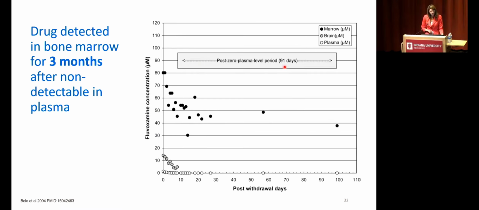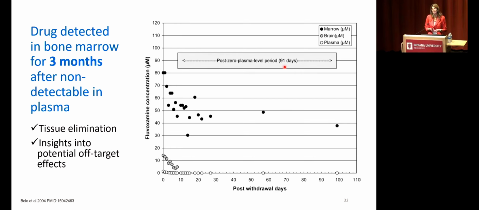And this group looked at that over a period of time, did repeating scans in these individuals, and found that drug was detected in bone marrow for 3 months after it was not detectable in plasma. And so when thinking about whether or not this might be useful for your particular drug or drug program, it is a tool that can help us define tissue elimination and also get a sense of potential off-target effects.